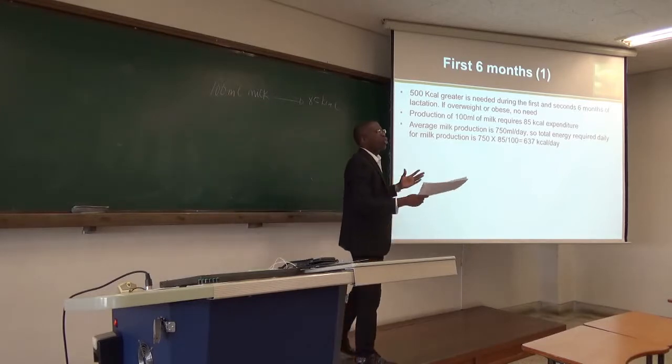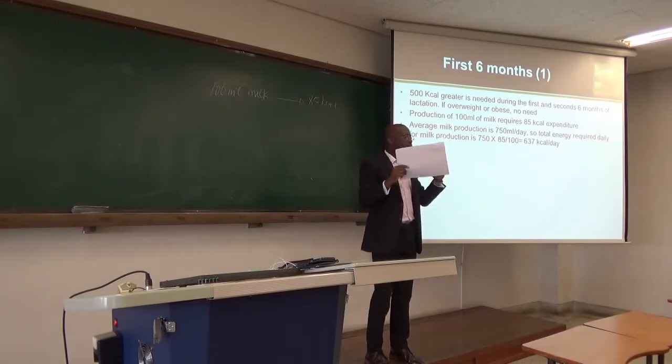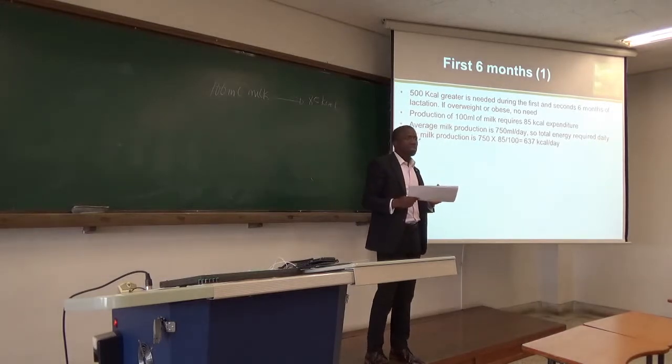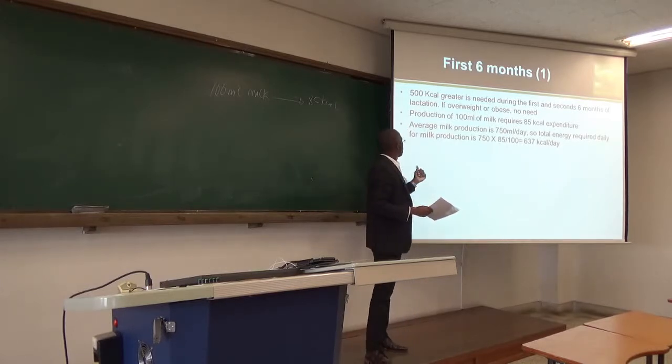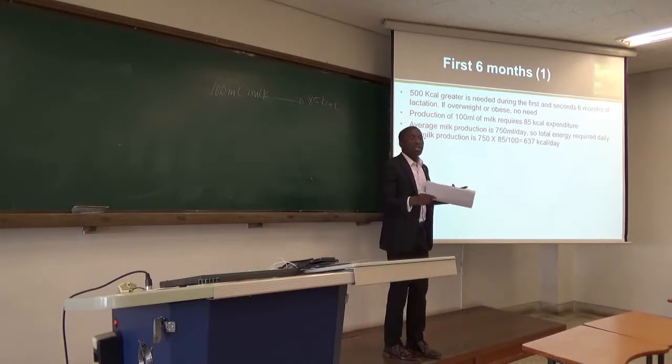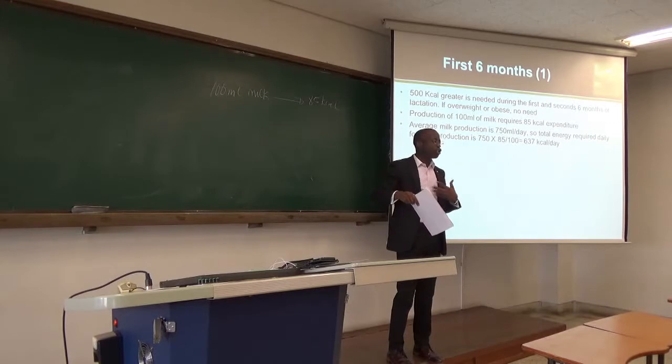Now, it's not the same for everybody, as we know. Everybody's different. Body size is often different from one person to another. But what are we having here? We say average. In this class, what did we say? How much energy do we need every day?